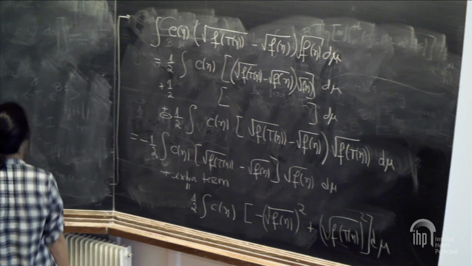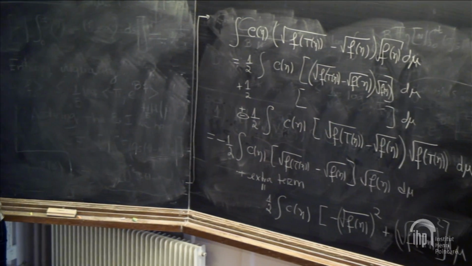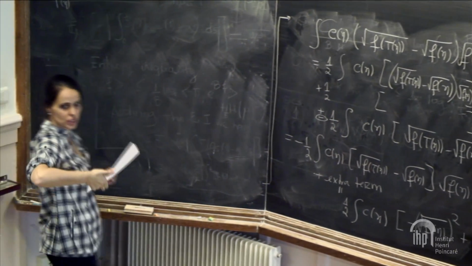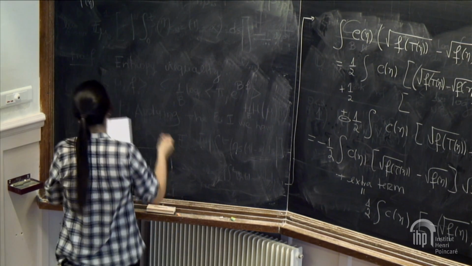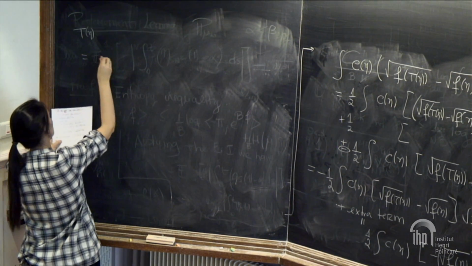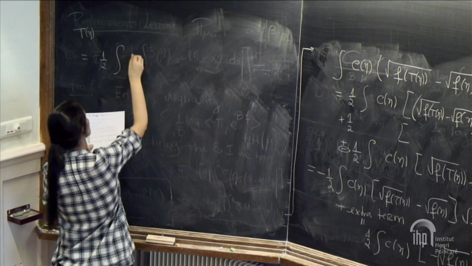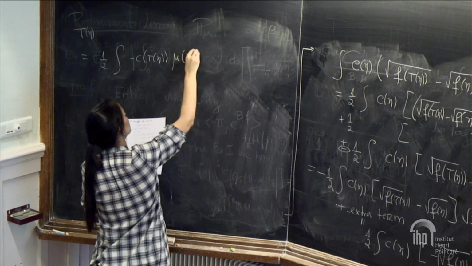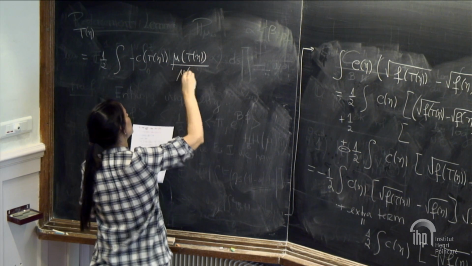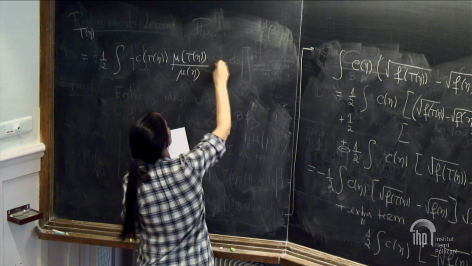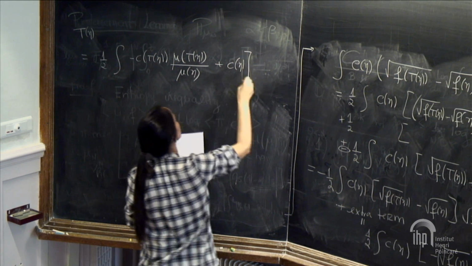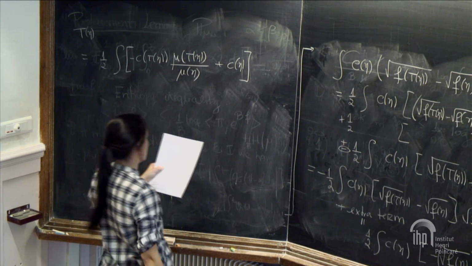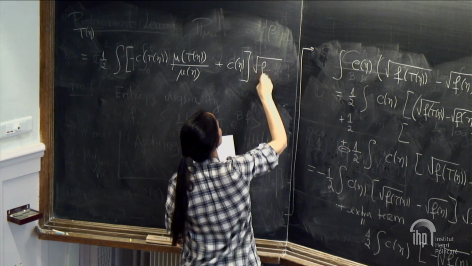And now we make a change of variables. You change eta into t eta. And what you get is 1 over 2, the time integral, minus c t eta. So there is the price to pay here, plus c eta times the square root of f.